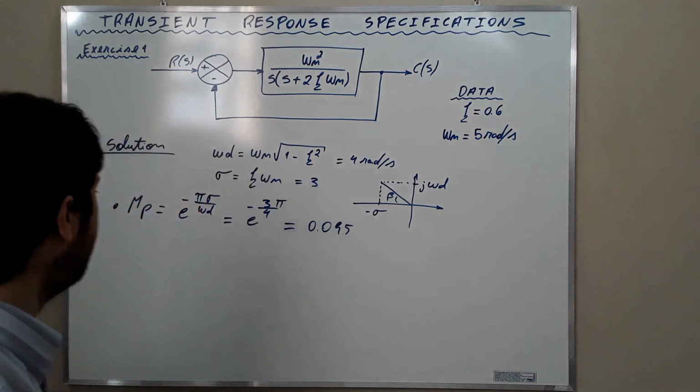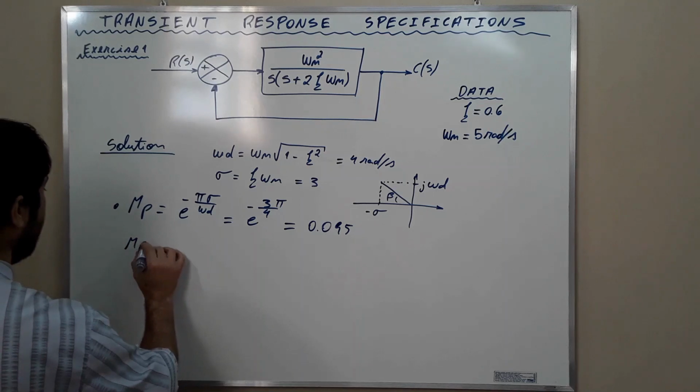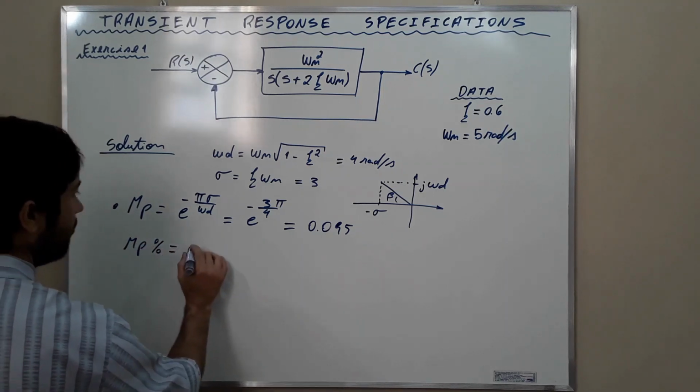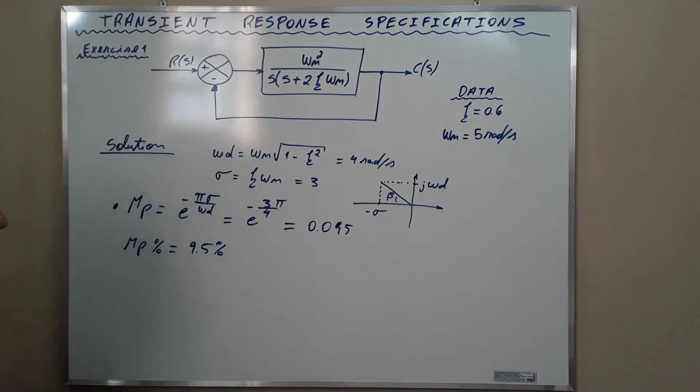Or, if you prefer, in percentage, Mp in percent is equal to 9.5%. Okay? This is the maximum overshoot.